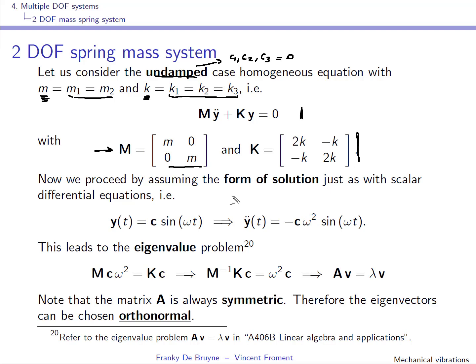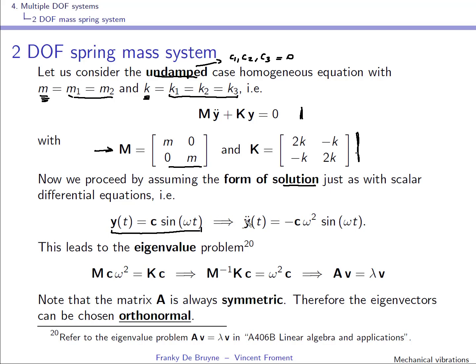Okay, so now we're going to look for the solution of that, and we know that the solution will have the form of a vector y1, y2, a constant vector, times a sine, right? This is actually the solution that we postulate in advance.